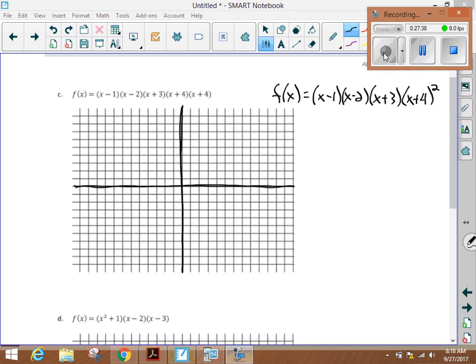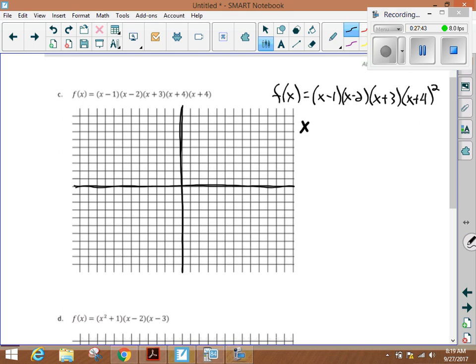All right, so we know from this that we have solutions x equals 1, positive 1, right? We have x equals 2. We have x equals negative 3. And we have x equals negative 4.